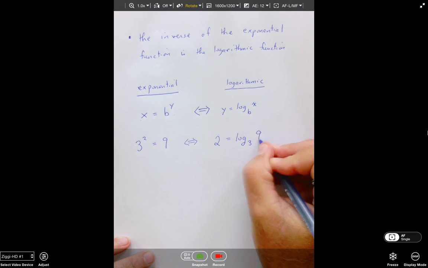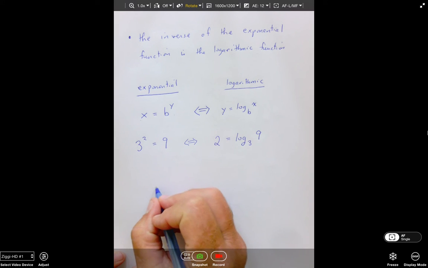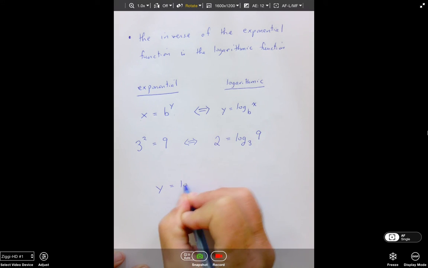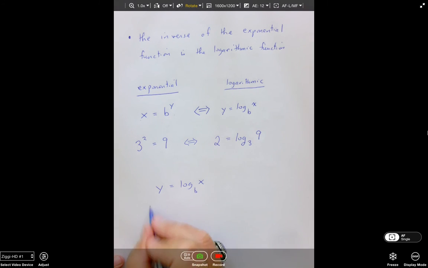So essentially, when you're focusing on logarithms, you're looking at, again, y equal log base b of x, and you're ultimately asking yourself, and I think this is the best way to think about it because I don't think our mind naturally thinks in logarithmic form, but I do think that our mind naturally thinks in terms of exponents.